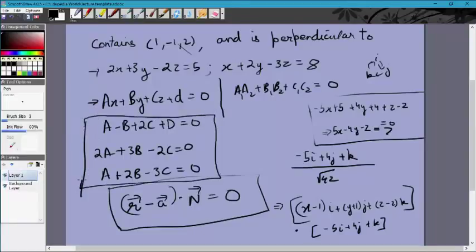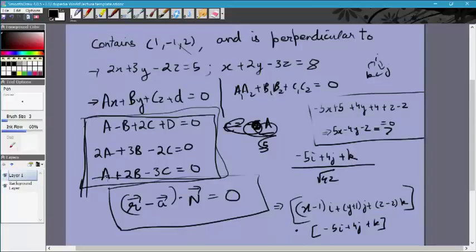Now using these equations, you will not be able to calculate a, b, c and d explicitly obviously, but you'll get something like c is equal to minus 5a or something like that. Oh sorry, minus a by 5, because a is minus 5, and that will give you c is equal to 1. So something like that you'll get. I'll not solve it, I'll not spend time on that, but once you have these, you can actually get values of a, b, c and d.